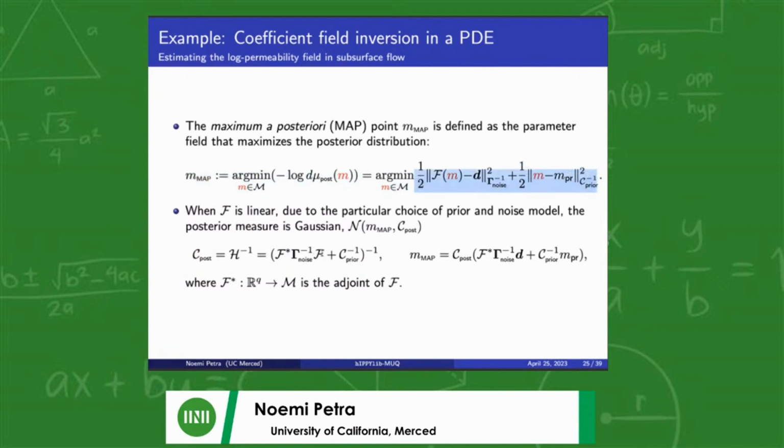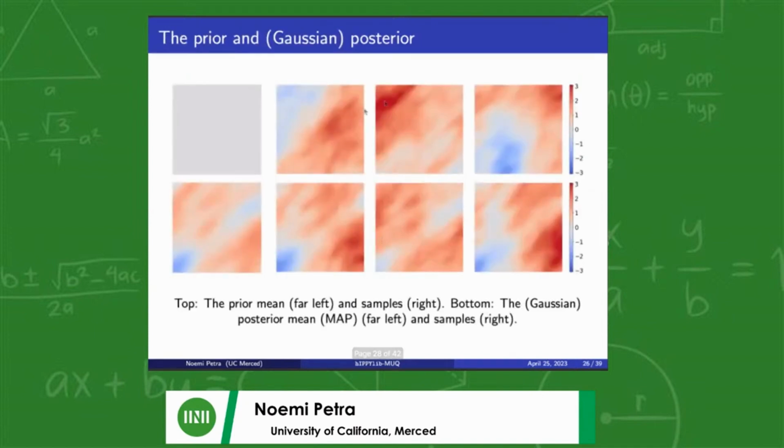Here, this is the forward mapping, and this is the adjoint. So now, for instance, you can construct the Laplace approximation of the posterior, which is this Gaussian around the MAP point, and you can take samples from both the prior and posterior.